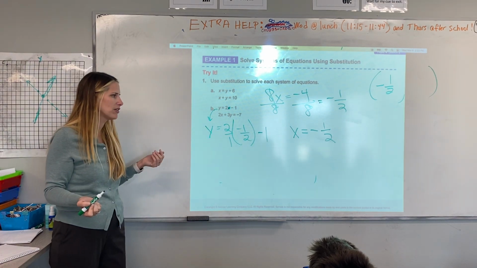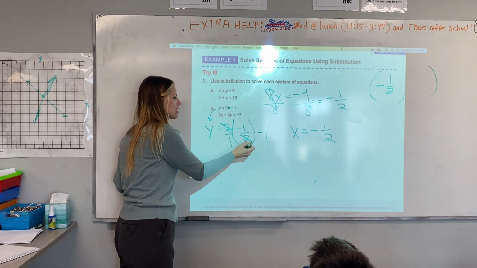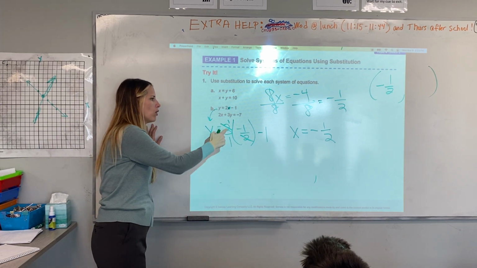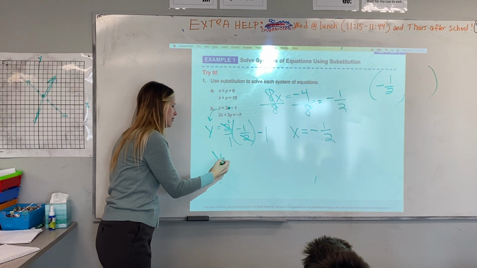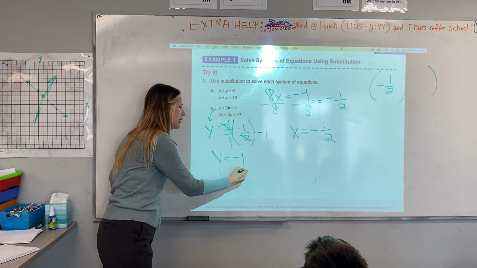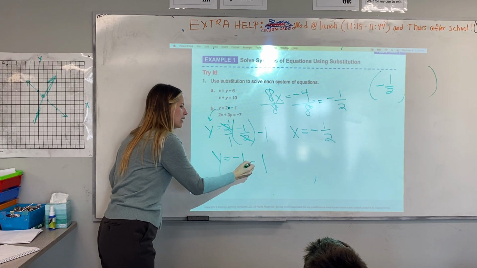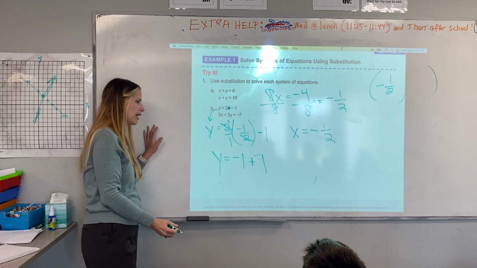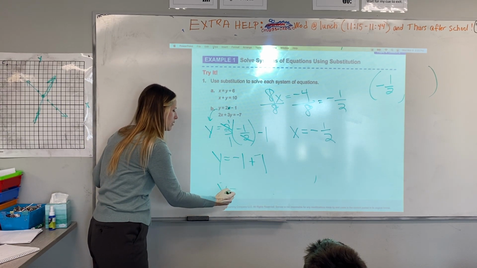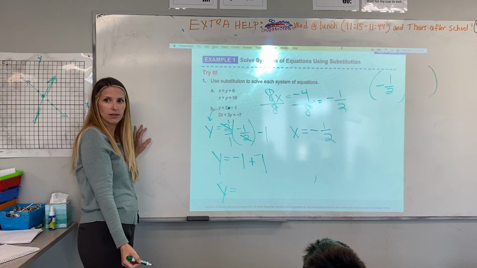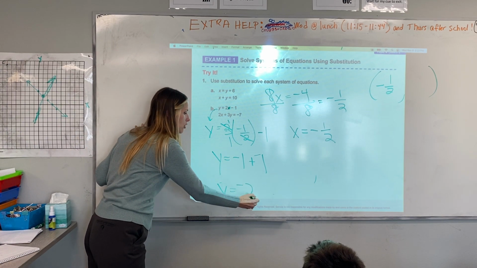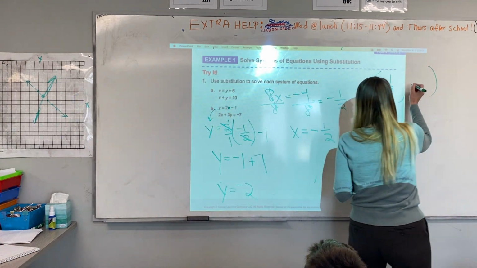Now I just solve. Cancel my 2's because I have 2 over 2, that's 1. 1 times -1 is -1. 1 minus 1, change the sign, and I get y equals -2. My y is -2.